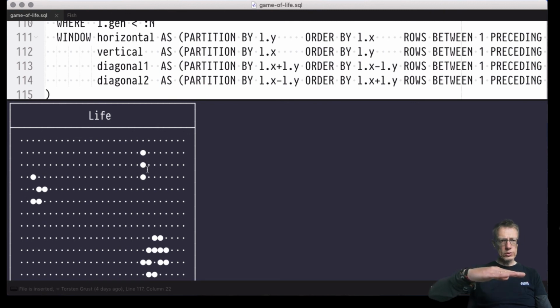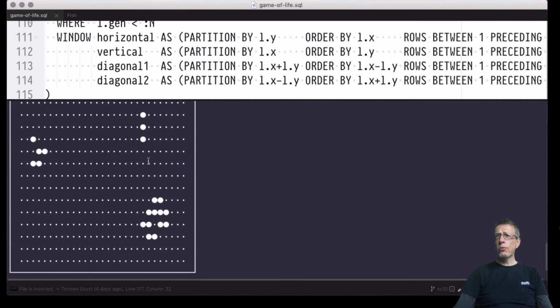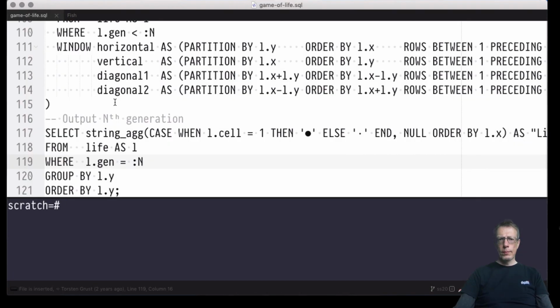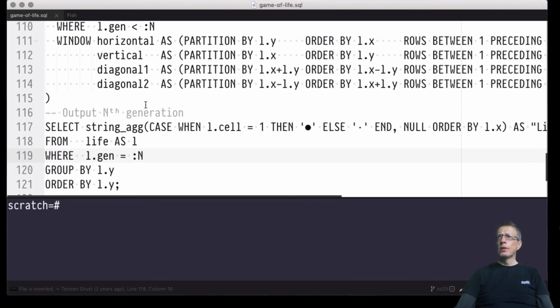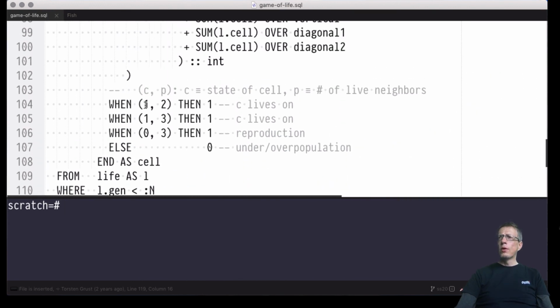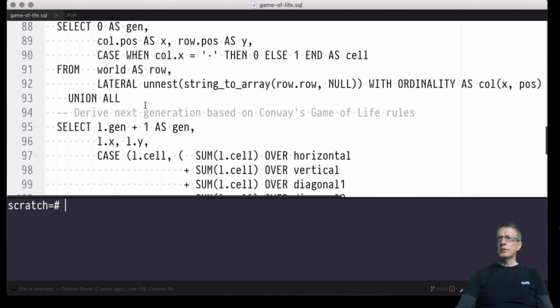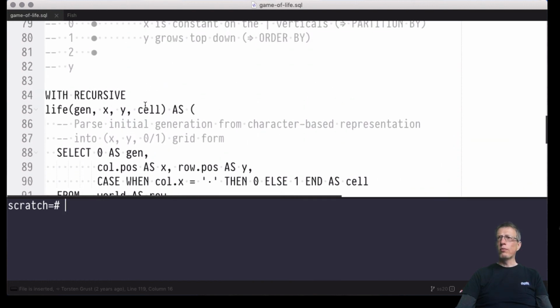So horizontal, vertical, horizontal, vertical. Yeah, in the 3rd generation, it should be vertical. And I also think that these spaceships have moved or at least changed their appearance. Okay, right. So this is the implementation of Conway's game of life.